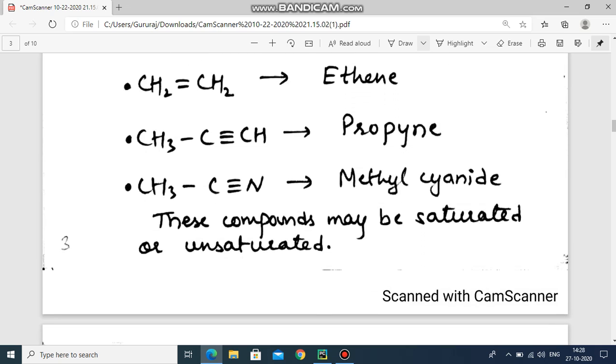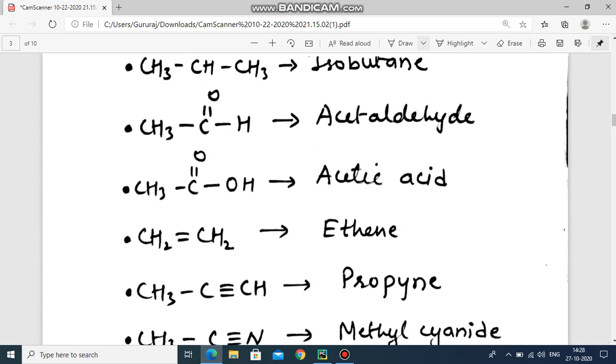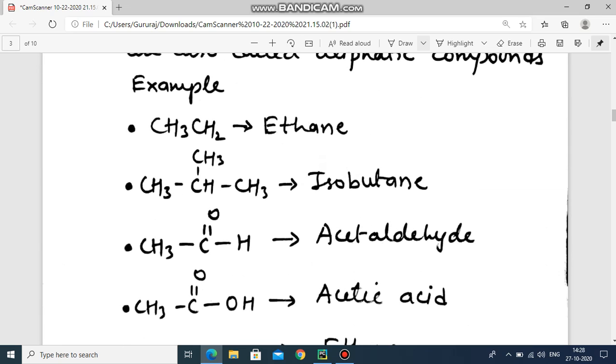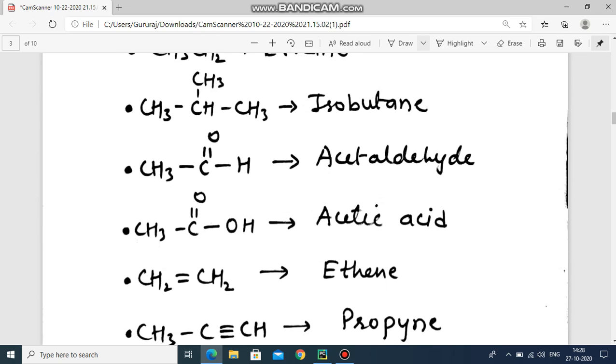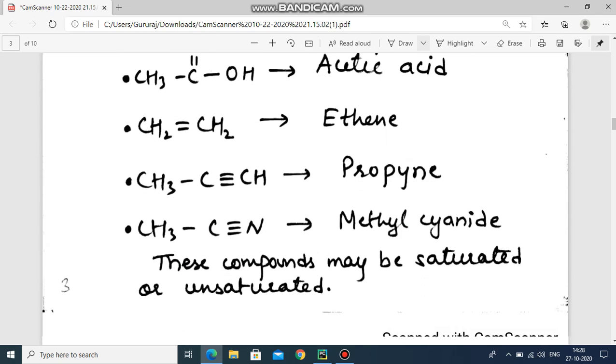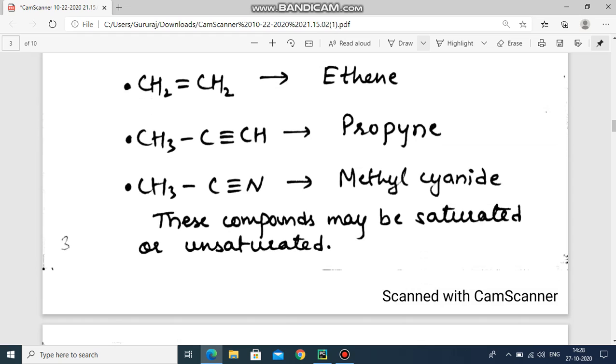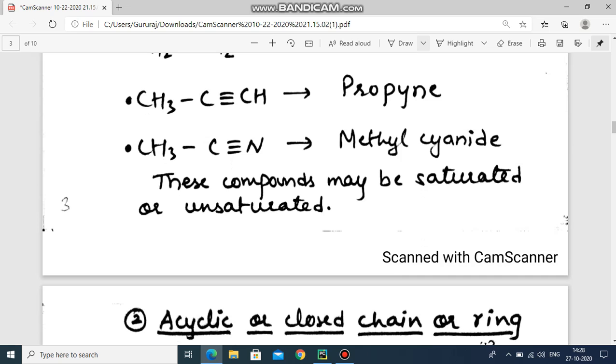So all these are various open chain compounds. As you can see, there may be a double bond, triple bond or a single bond in the organic compound. These compounds hence may be saturated or unsaturated.